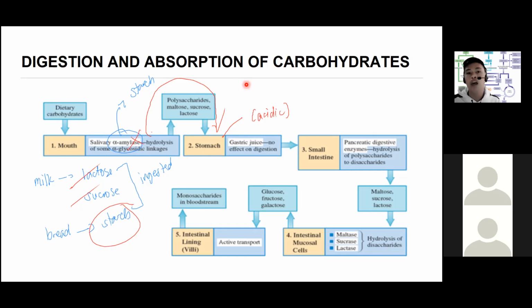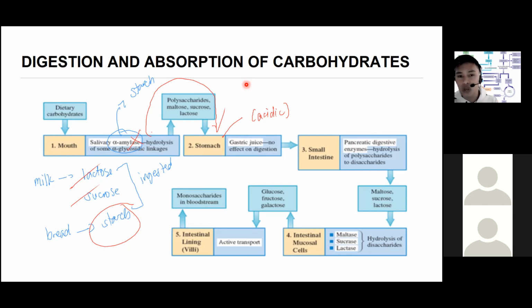That's why, as carbohydrates reach the stomach, the gastric juices released by the stomach have no net effect on carbohydrate digestion. So that's why your food will stay longer in the stomach, correct?